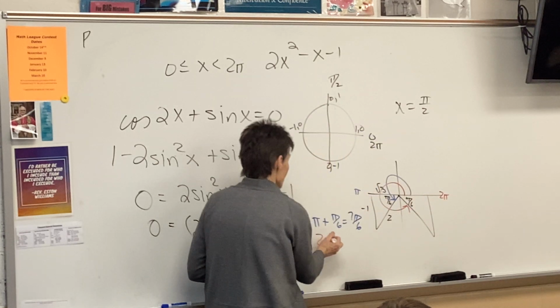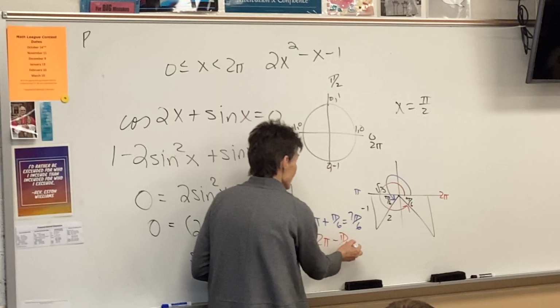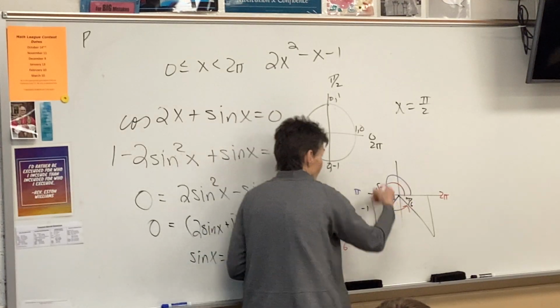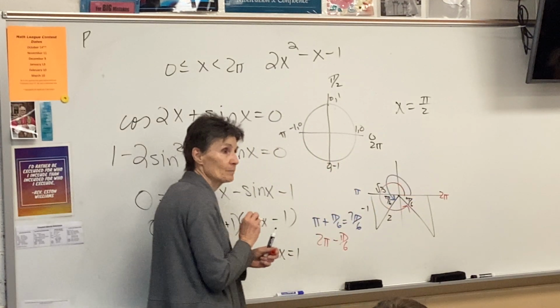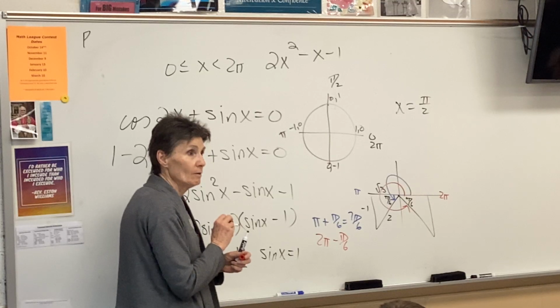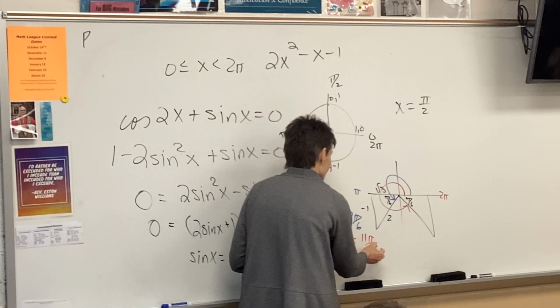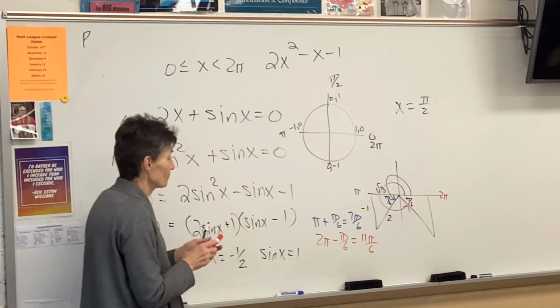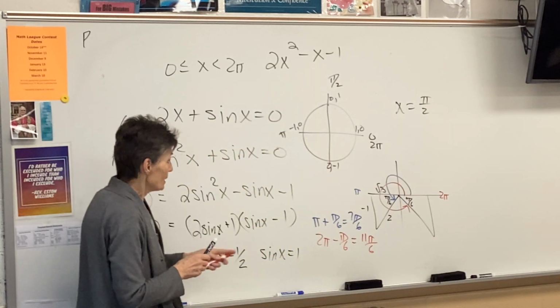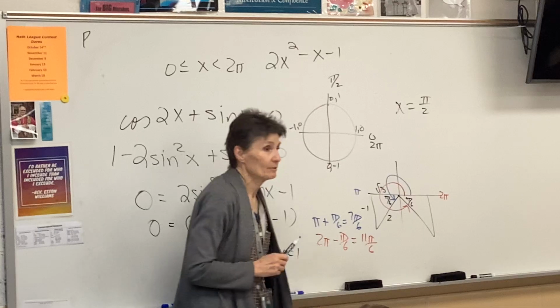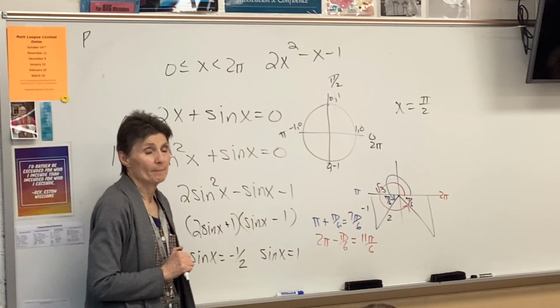So that one would be 2 pi minus a 6. All the way around except for a 6. So 12 minus 1, 11 pi over 6. Along with pi over 2. So blue, red, and black, those are the answers to that problem.